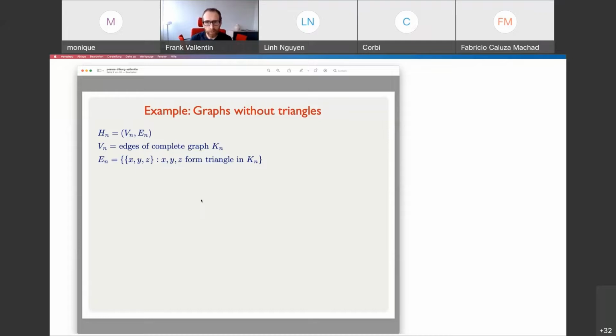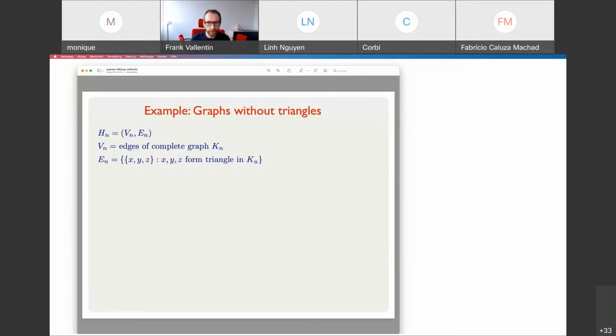Okay, so we look at the hypergraph H_n. It's indexed by natural numbers, with vertex set V_n and edge set E_n. The vertex set will be all edges of the complete graph K_n. I will show you a picture, then it becomes clearer. And then I want to have a hyperedge between these three vertices x, y, z if they form a triangle in K_n.